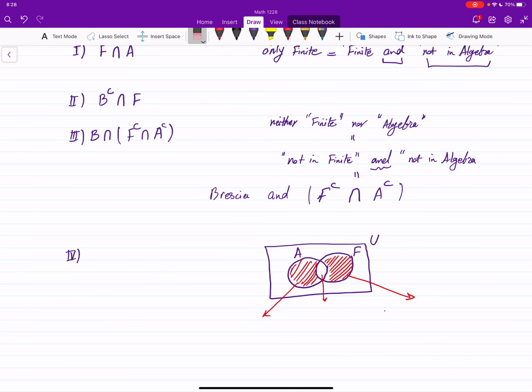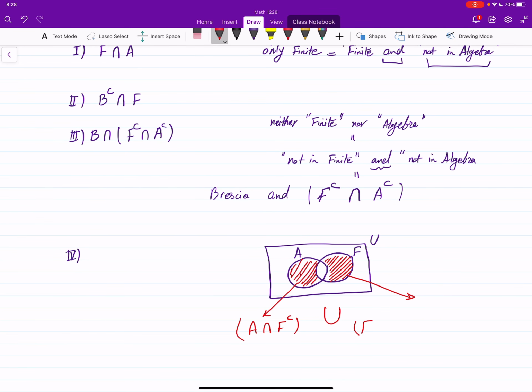So let me erase this piece here. If I know each one of these, at the end, I will find the union. But what is this first piece? This is the students who are taking algebra, but not finite math. This is algebra and not finite. So that is one side. How about this other one?